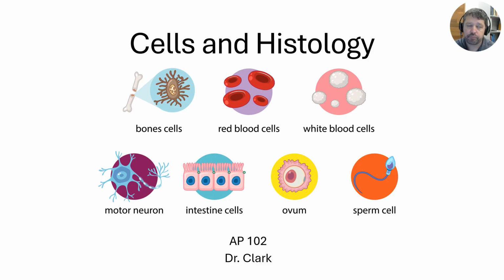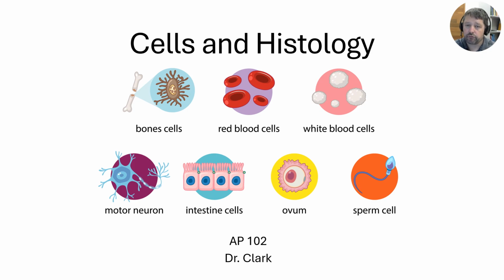Part of anatomy and physiology, and part of really learning about the anatomy or the structures, is to know the names of the structures, or at least what builds those structures. The smallest living unit in life is the cell.